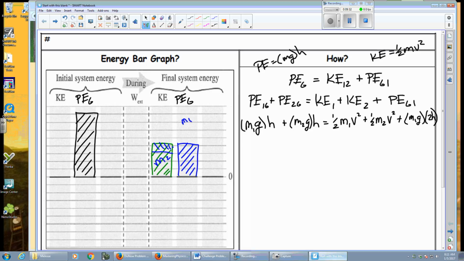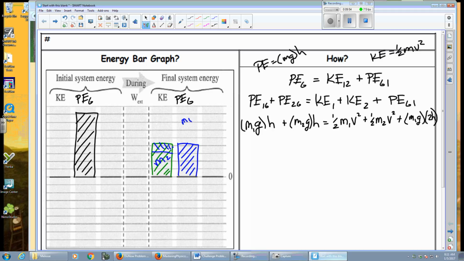Do you guys need me to do the math, or do you think you can do it? Okay. So how are we going to get V by itself? Because that's what solving is, right? Let's first get any term with V on, leave it, and get everything else to the left.